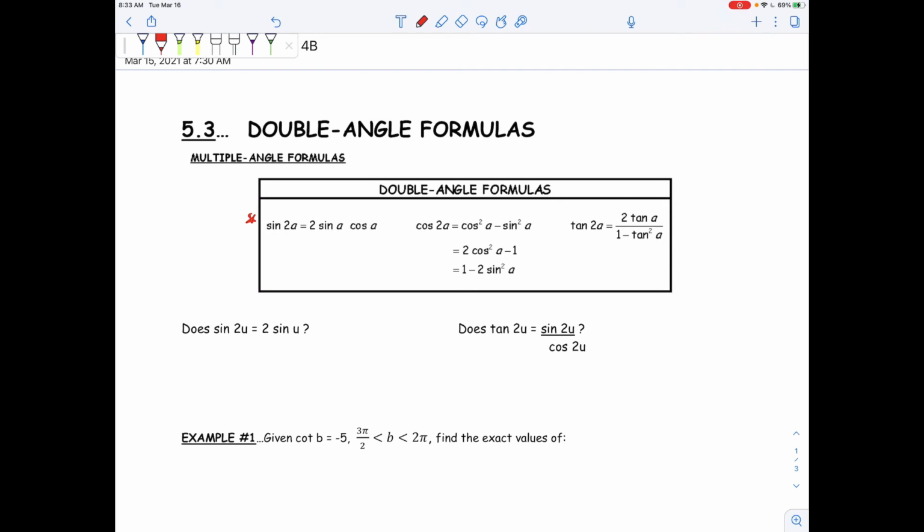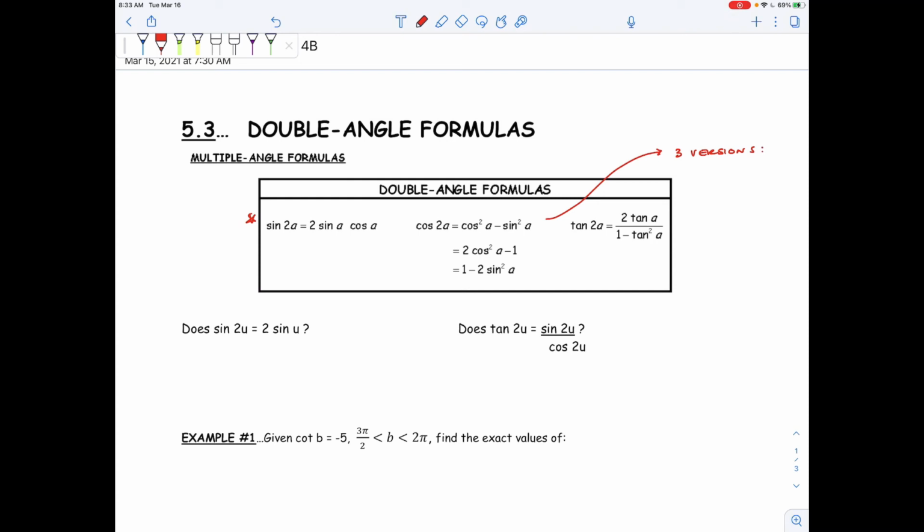Also notice that the cosine 2A has three different versions. So just make a note of that. If you replace cosine squared A or sine squared A with its associated Pythagorean identity, you get the three different versions.